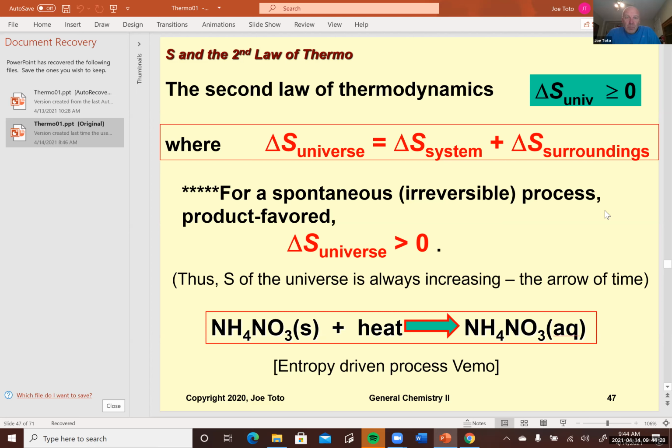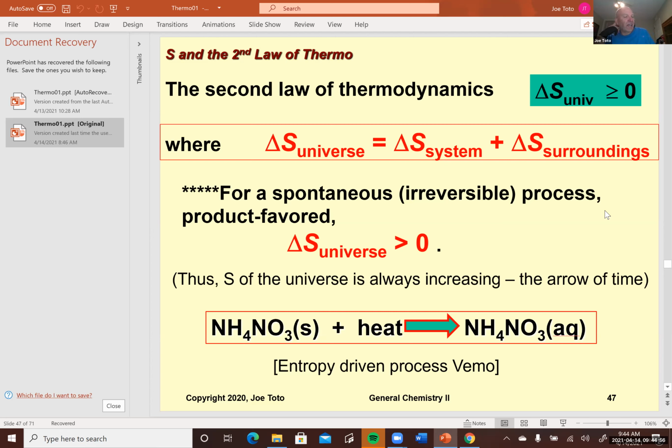And so, according to this second law of thermodynamics, that process is favored naturally. In other words, you don't have to do anything about it. It's just going to take place. And we don't know how fast it's going to take place. The study of kinetics will tell us how fast.